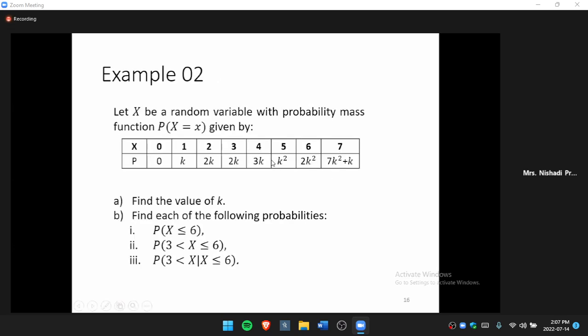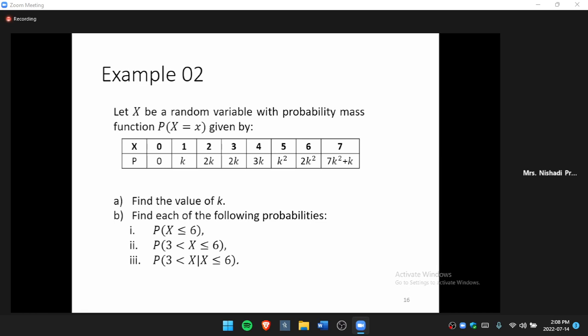Now look at the second example. Let x be a random variable with probability mass function p(x) given by this table. If you are asked to find a probability mass function, you can just give a function or this probability distribution table.